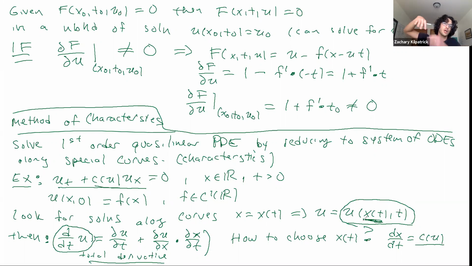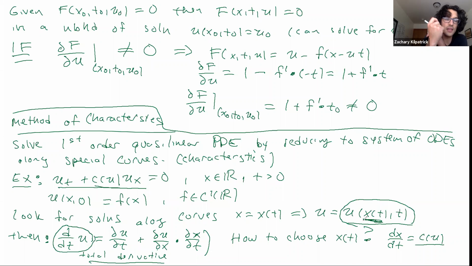So I'm collapsing the xt plane to a single variable by saying each value of t has a corresponding value of x that I'm going to look along. Okay, but truly they are both independent variables. Truly, they're both independent variables. Okay.